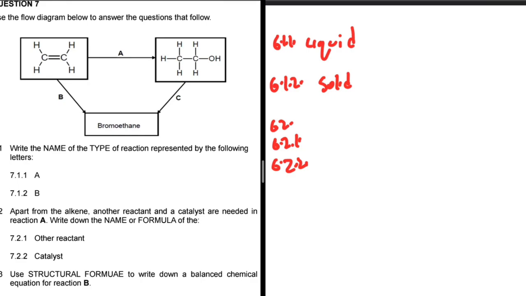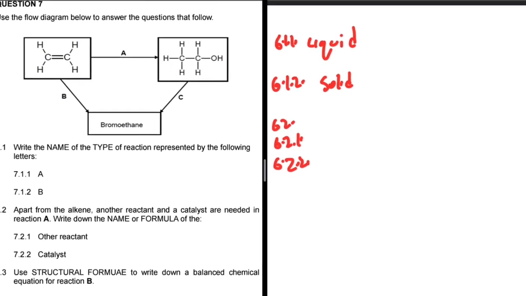So what happened there? Obviously H2O was added, hydrogen and OH, hence we have an alcohol. So it is an addition reaction. But what is the name of the type of reaction? I'm going with hydration.